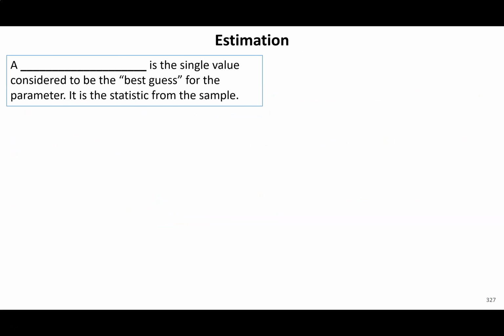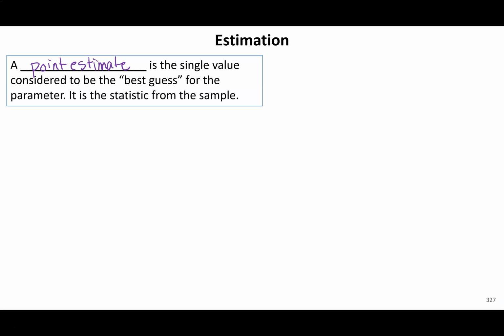So when we talk about estimation, a point estimate is our single best guess. If I wanted to guess the average height of all OSU students, and I took a sample of OSU students, the average from that sample would be my best guess.